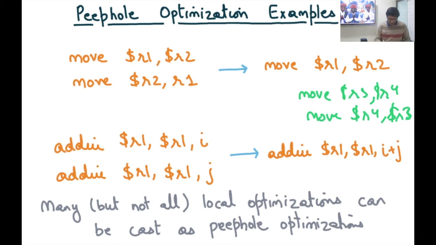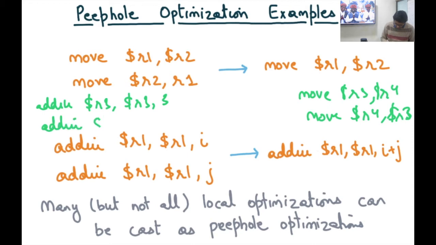So for example, if I have code which looks like ADDIU R3, R3, 3, and then I have ADDIU R3, R3, it has to be the same register because it's the same R1 that's happening on both sides.